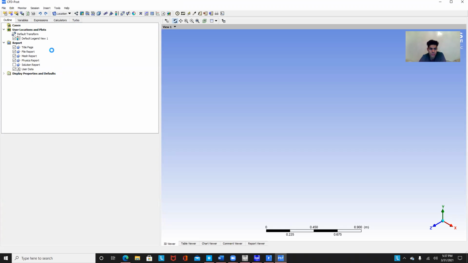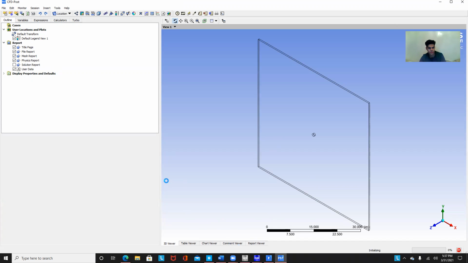So for the CFD post, this is the page that's gonna pop up. We can see here that it's loading.